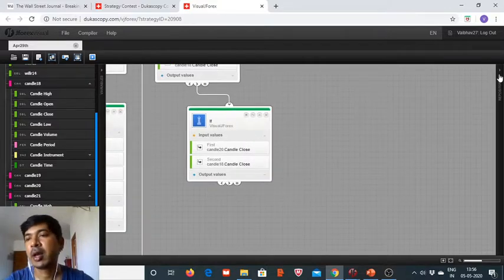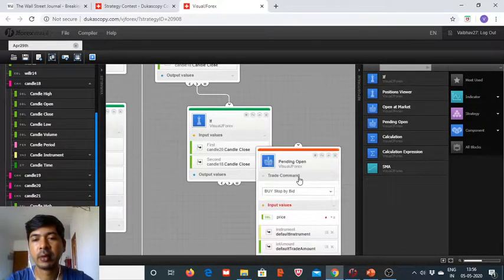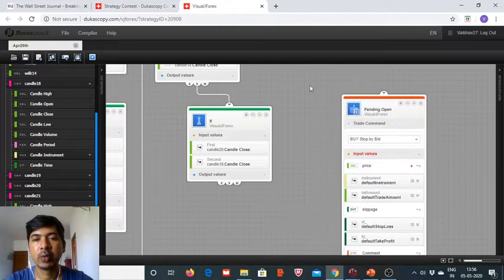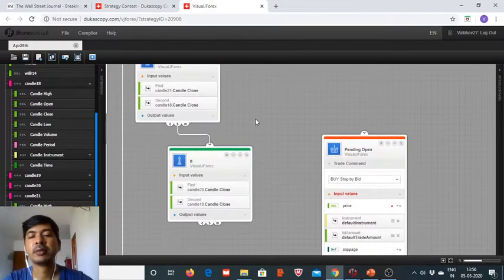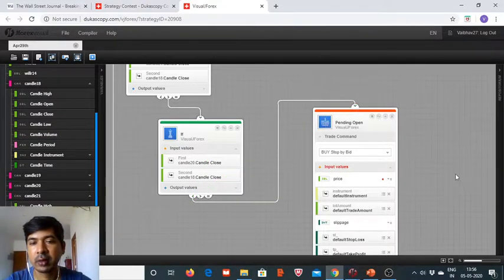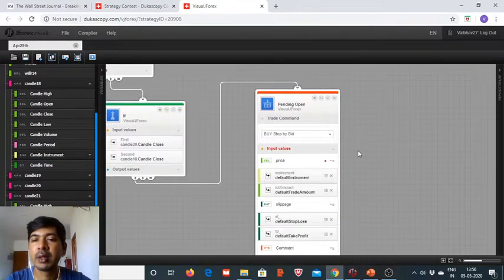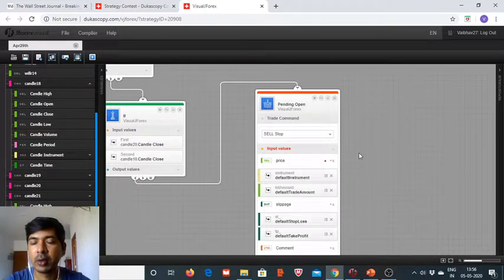Done. Now is the time to bring in the pending open. So we got the pending open, and it should be less than the last candle's close of 10 minutes. Now we need to use sell stop as our value.